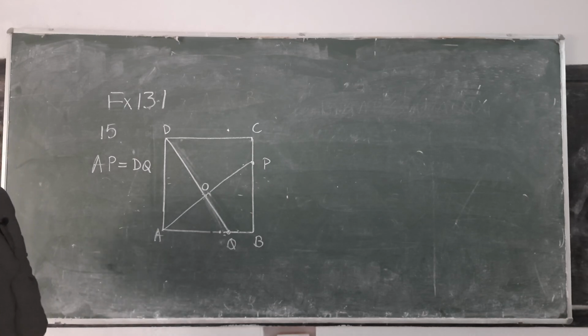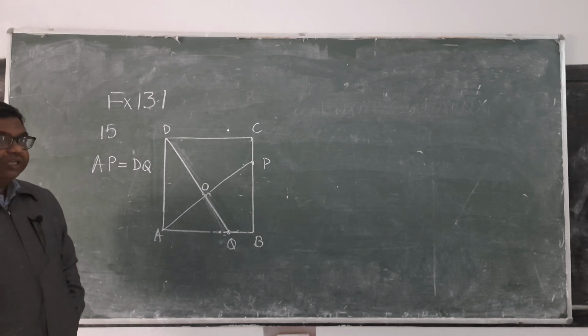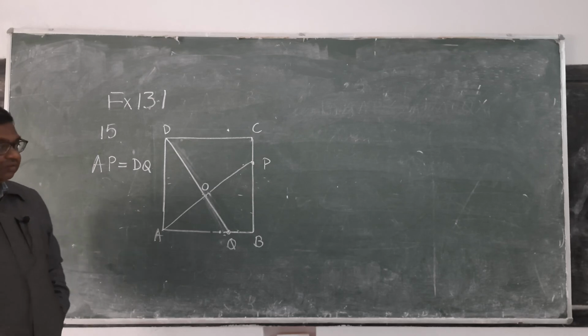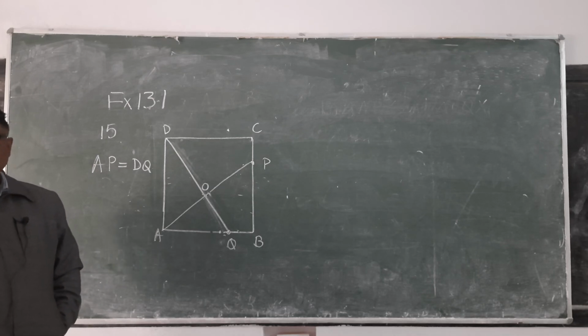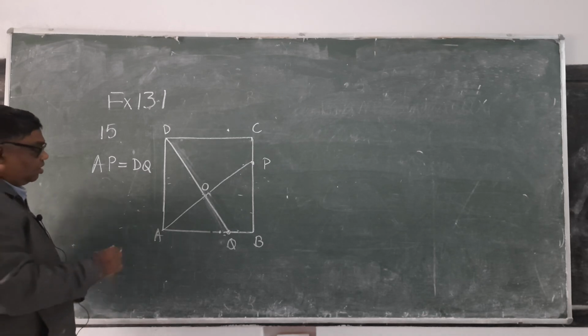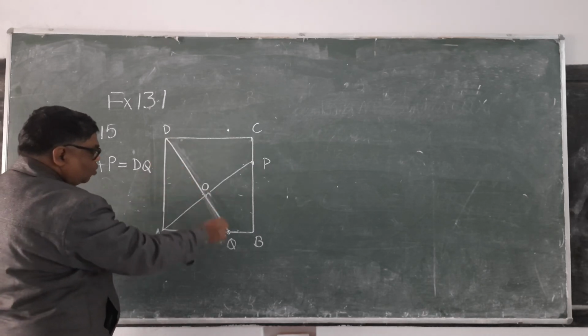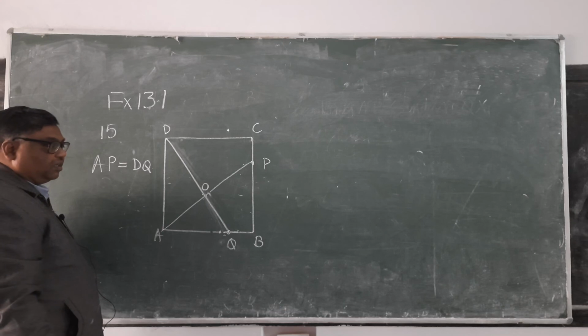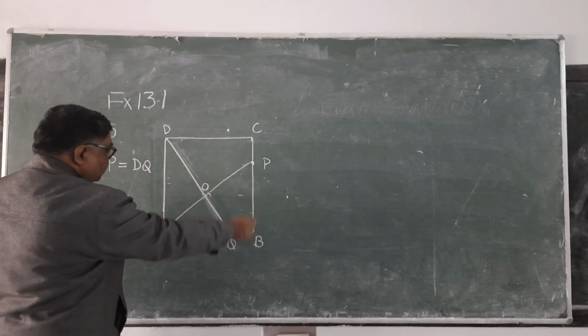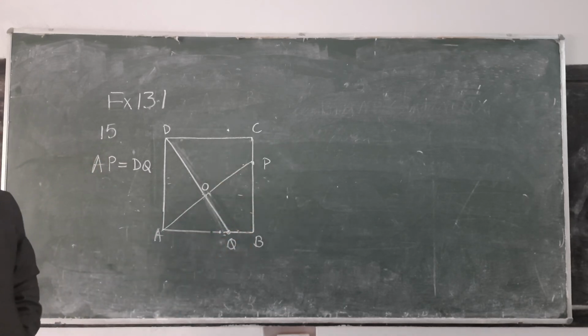So see here, which two triangles will you take? ADQ and ABP. इससे क्या हो जाएगा? सर दोनों को पहले हम कॉन्ग्रुएंट प्रूव कर देंगे तो क्या होगा?